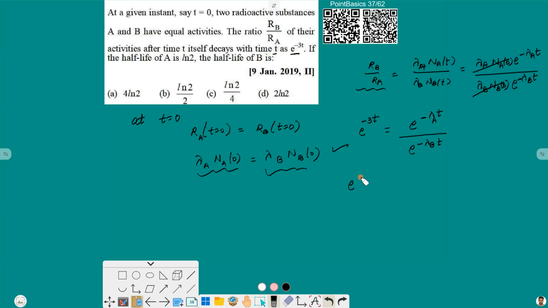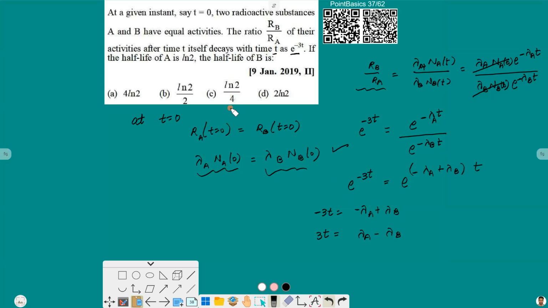Now I can write it like this: e raised to power minus 3t is equal to e raised to power minus lambda A plus lambda B t. So if I equate, then I will get that minus 3t is equal to minus lambda A plus lambda B, or basically 3t is equal to lambda A minus lambda B.